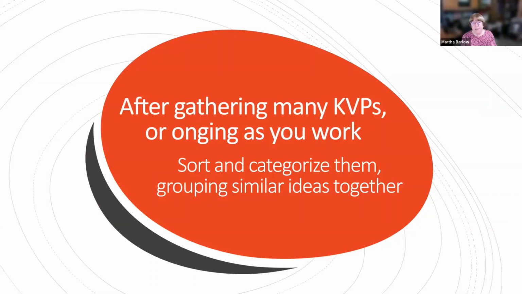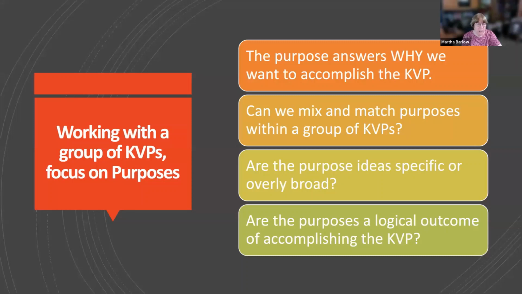So I think I started to talk about this before that last piece, but after you've gathered a lot of KVPs, you've created a list. It's good to keep an ongoing list as you go. One thing you can do is to sort and categorize them and group similar ideas together. So if you're working, then it's helpful to take a group.